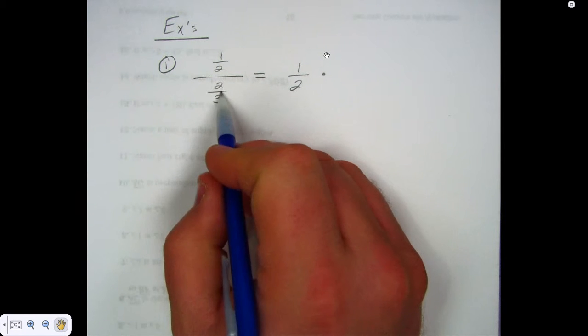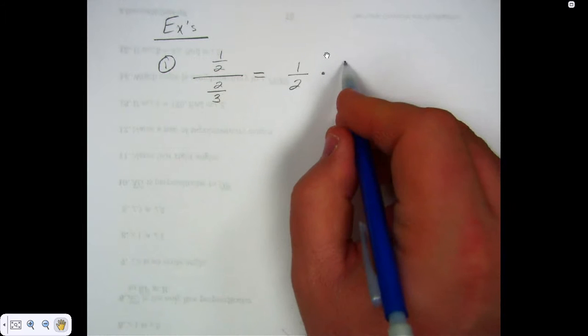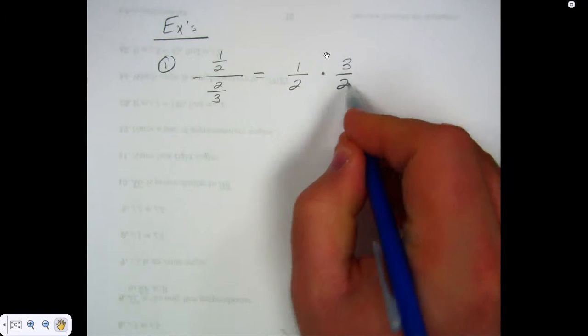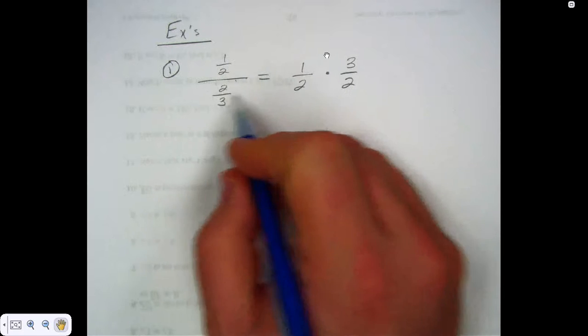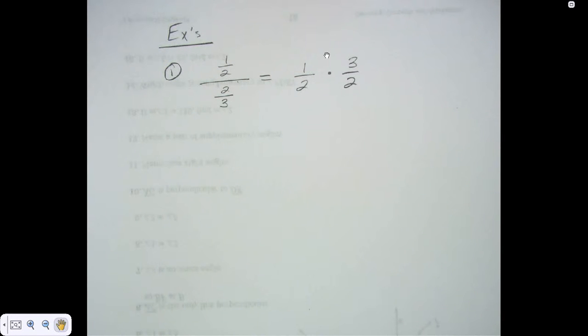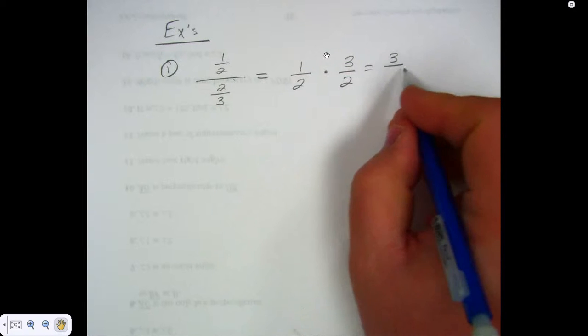So I'm dividing by what? 2 over 3, right? So it's the same thing to multiply by what? You change division to multiplication by putting the number on the bottom and flipping it. What do you get as an answer? 3 over what?